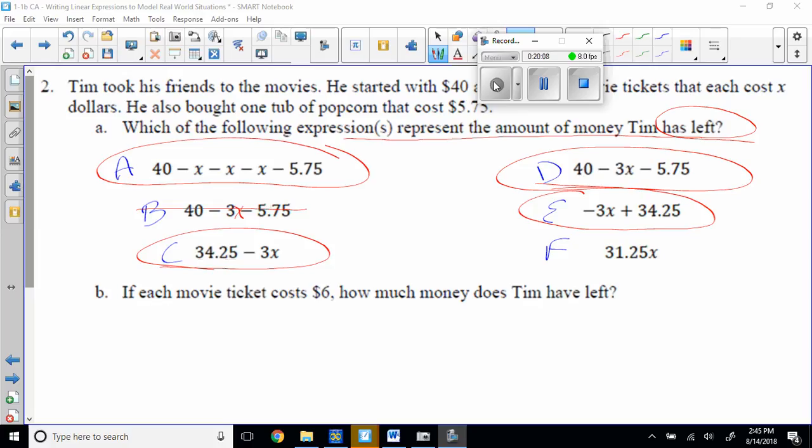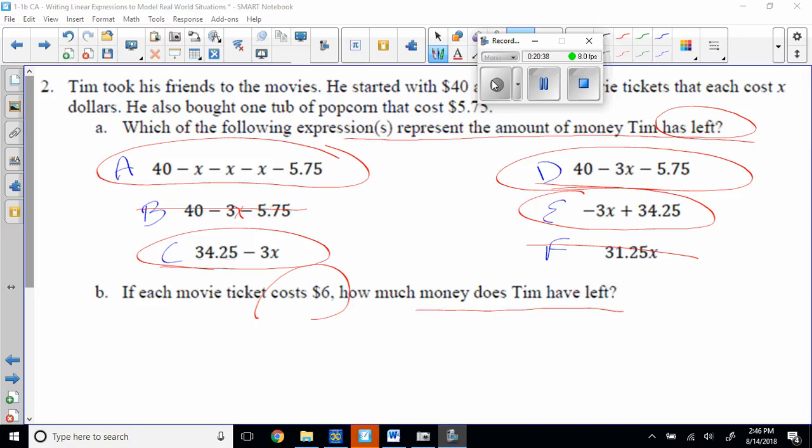So 31.25x. F again would not be correct, because that's 31.25 times each cost of a ticket. Now, if each movie ticket costs $6, how much money does Tim have left?